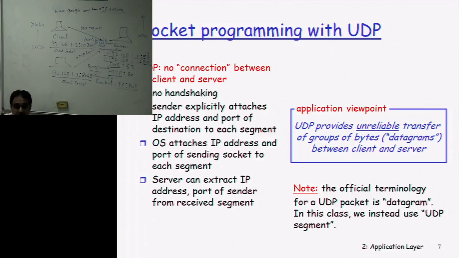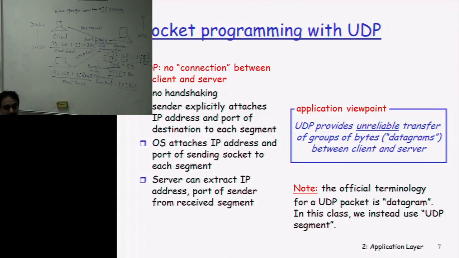Now that IP packet contains inside its body the segment, and inside the segment it has its segment header, and in the segment header you have the source port and destination port, and in the IP packet header you have the source IP and the destination IP. What does it give you? The source socket and the destination socket. Khalas. And we need here the source socket and the destination socket.